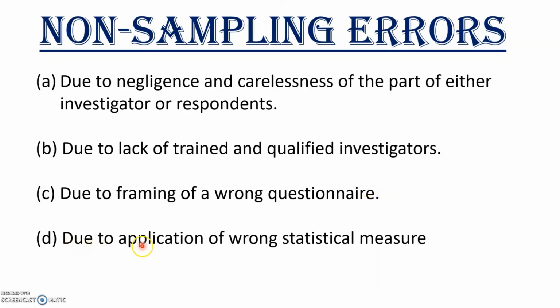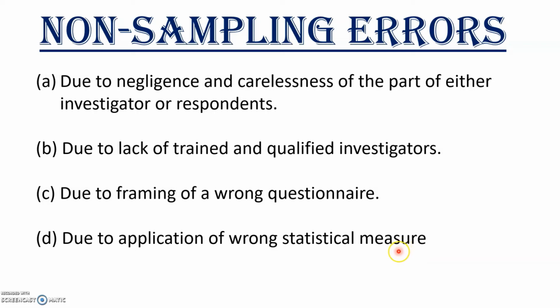Due to application of a wrong statistical measure. There are many statistical measures. I can illustrate through the central tendency. You are probably familiar now with mean, median, and mode. And we know that mean is a different central tendency from mode, and it's different from median.